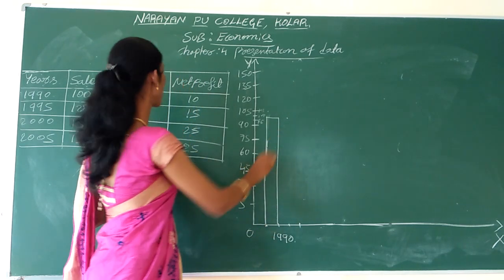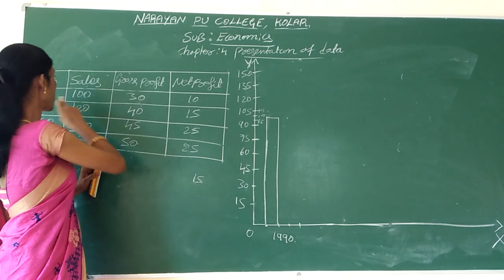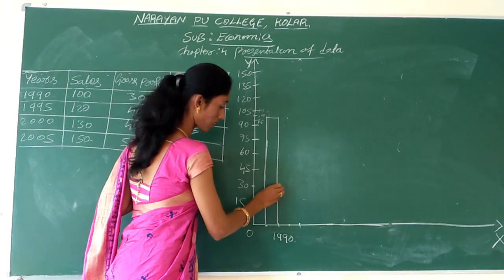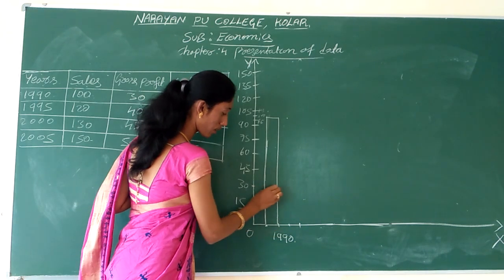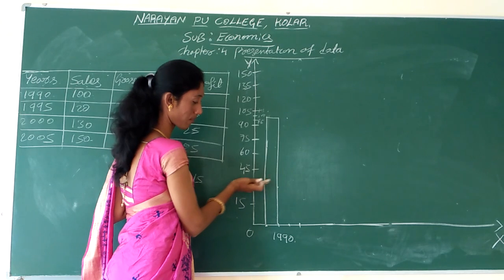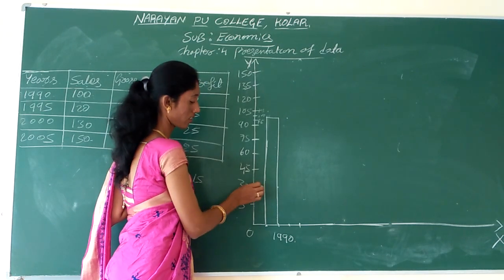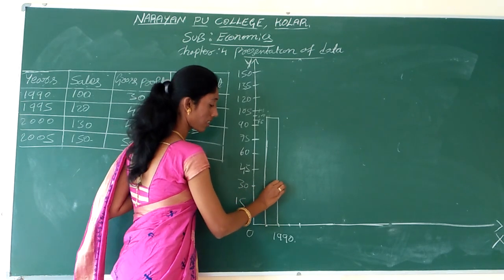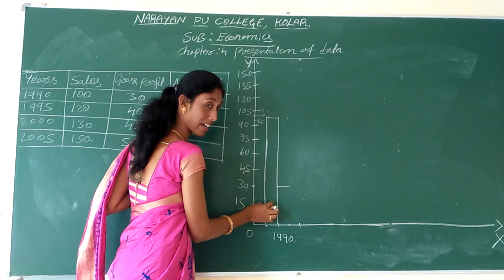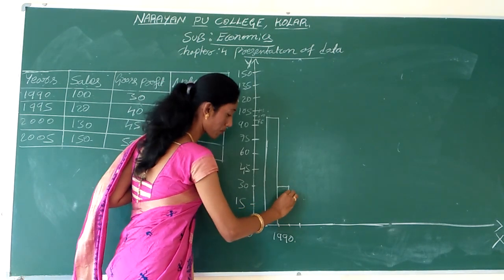For the same line only, now gross profit. What is the gross profit of the company in 1990? 30. Where does the 30 come? You just take a line from there, where you will get that profit point. The gross profit is 30. Then you draw a rectangle space for the line already drawn for the sales.